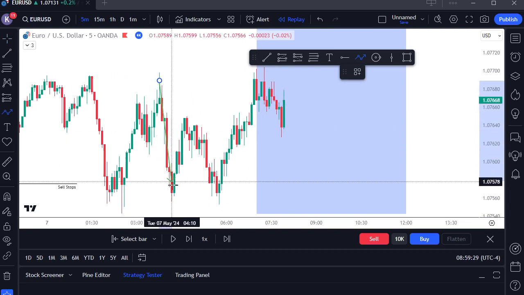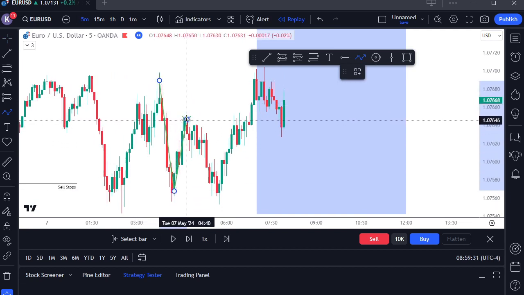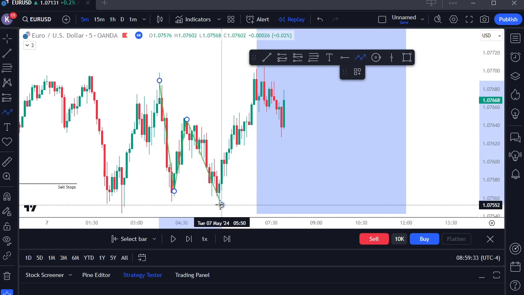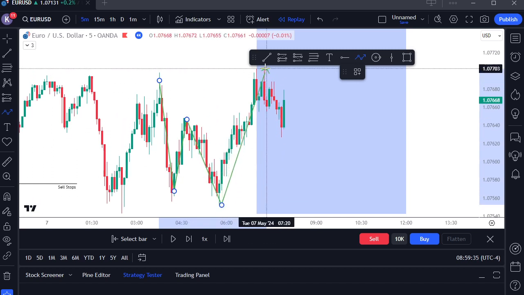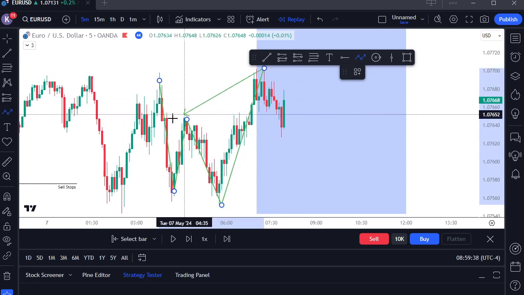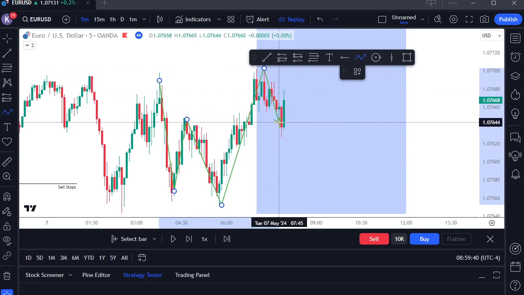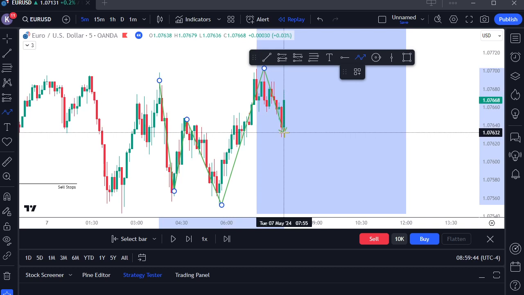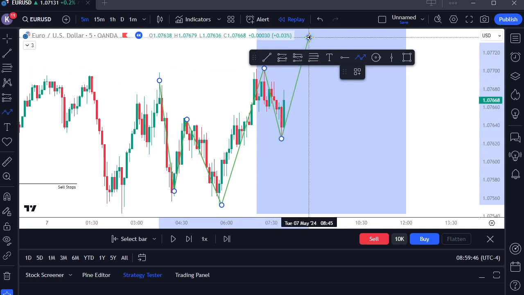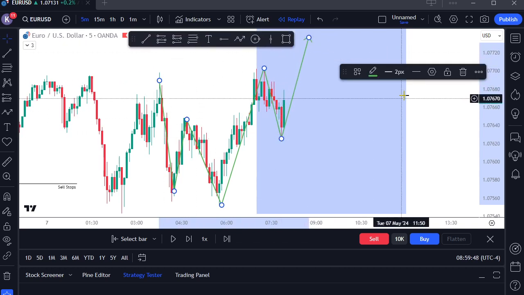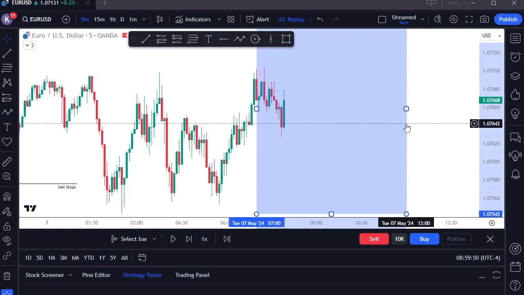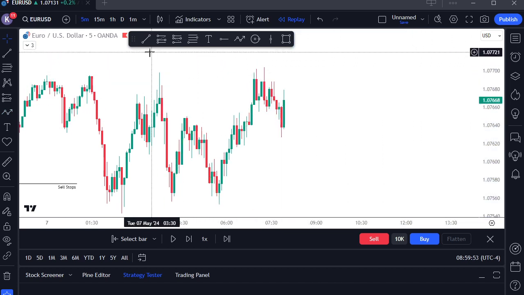We have this bearish order flow, then a market structure shift making it bullish, and then a retracement, and then a continuation. I'll delete that.